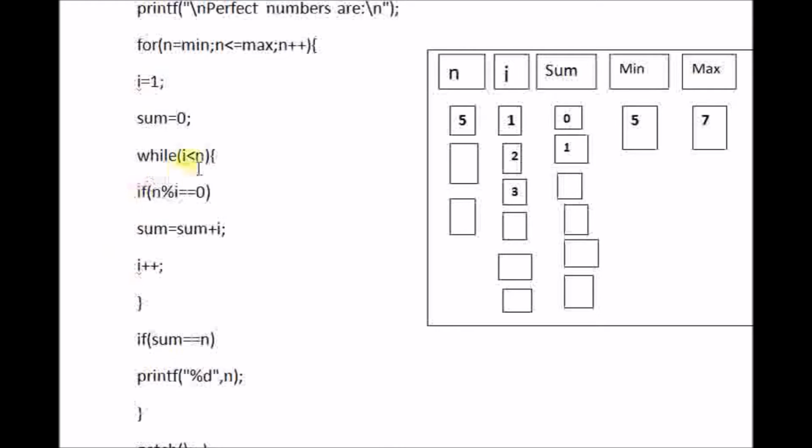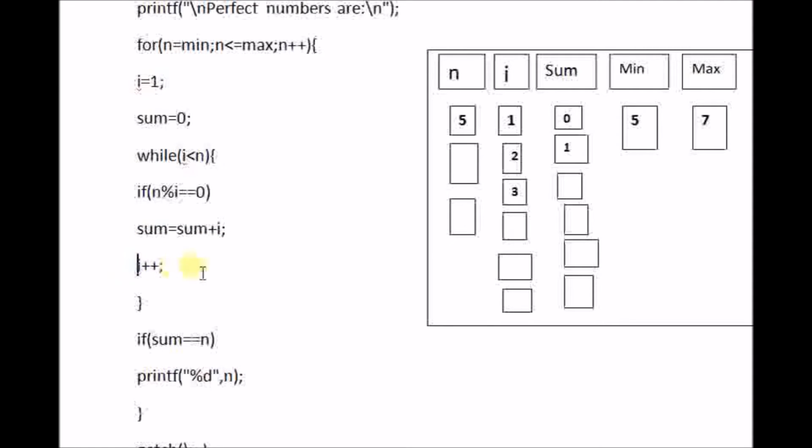Now the loop will again begin. So this time the I value is 3. Is 3 less than 5? Yes, the condition is again true. The control goes inside. Is 5 mod 3 equal to 0? 5 mod 3, the remainder will not be 0. Once again this line will not get executed.